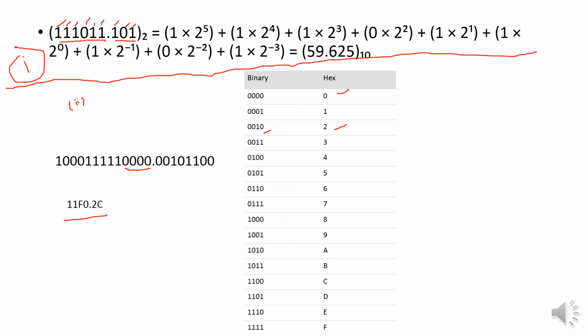So this is the procedure. We know that this binary becomes this value in hexadecimal, so we will find what value we need to write.